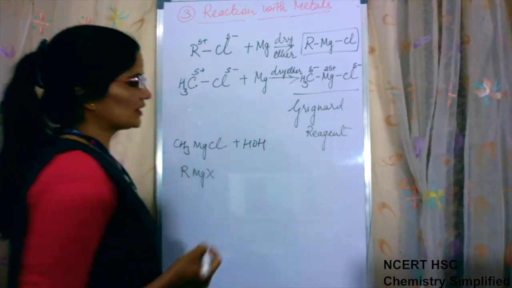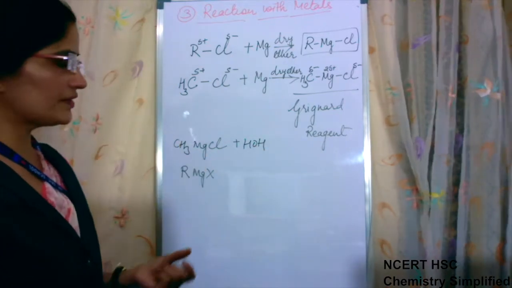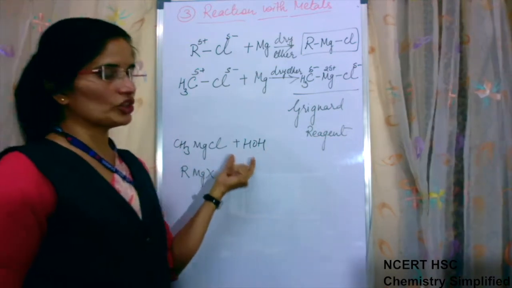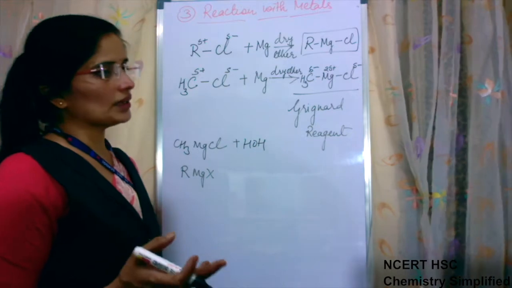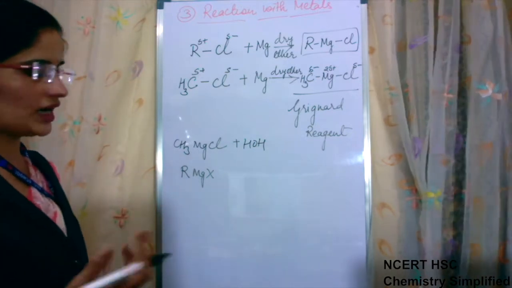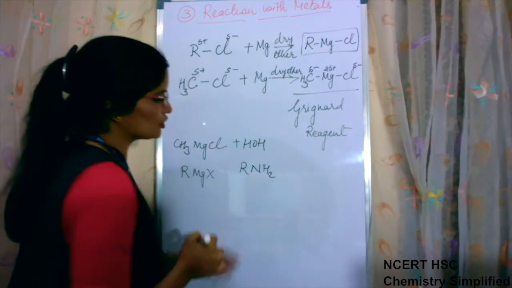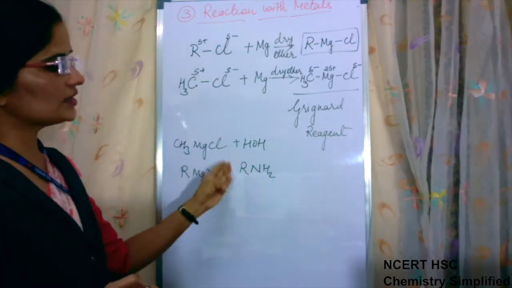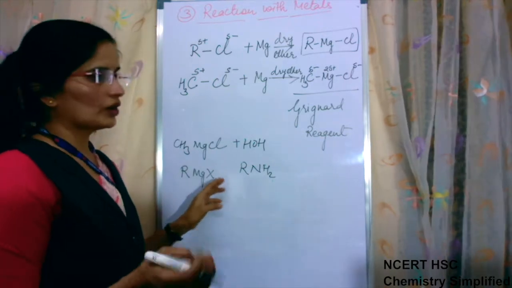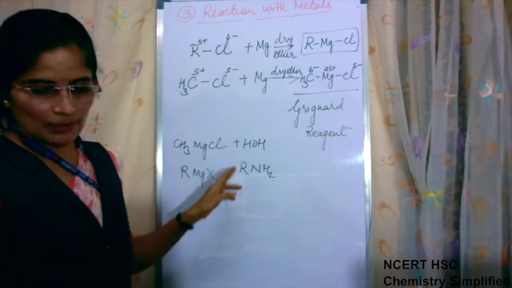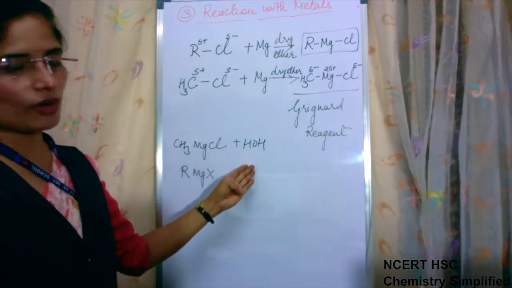That is why when Grignard reagent is prepared, it is kept in airtight containers where it does not come in contact with moisture. Not only with moisture, it can also react with any compound which gives it a proton like RNH2. RNH2 will also give one hydrogen proton, so it will react with this also, but these compounds will come in contact only when we add them or they are present in the surrounding. But water can be added naturally from the atmosphere in the form of moisture.